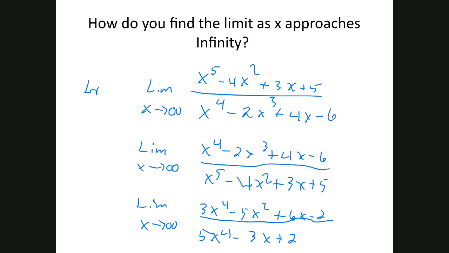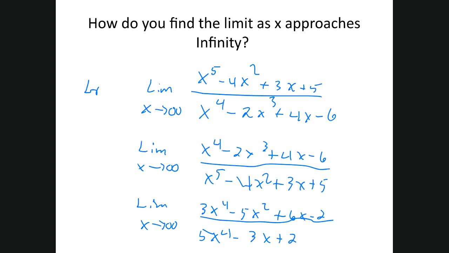What did you look at to figure out what those limits are? Okay, when you're doing a limit problem, the largest exponent. That is absolutely correct. If you're looking at the largest exponent on top and bottom, that's going to tell you what the limit as x approaches infinity is, okay?